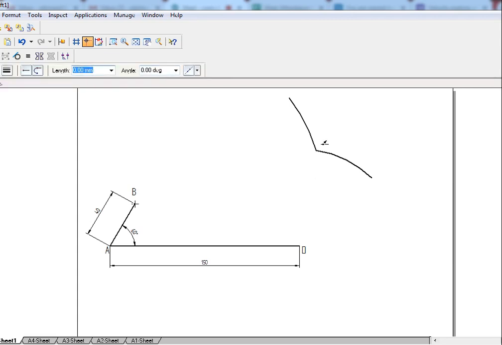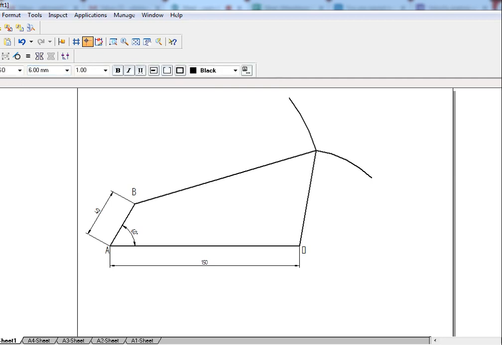So I'll just trim this part. So from this intersection I will join D to C and then B to C. So this is my point C now. Okay, so ABCD you got.